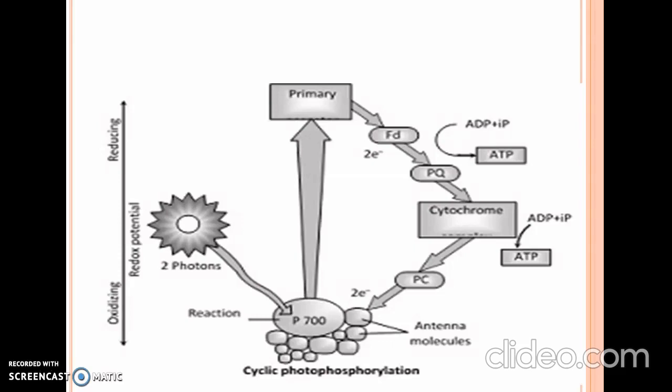During this process, in between ferredoxin and plastoquinone, ATP is synthesized. Similarly, in between cytochrome B6 and PC, ATP is synthesized. So a total of 2 ATP molecules are synthesized in this process.